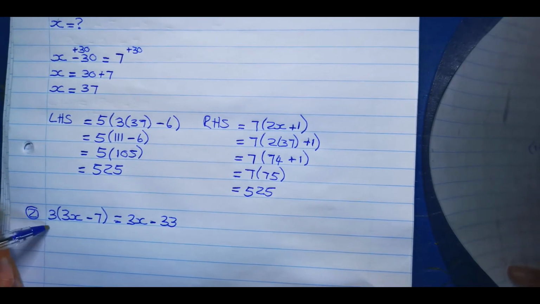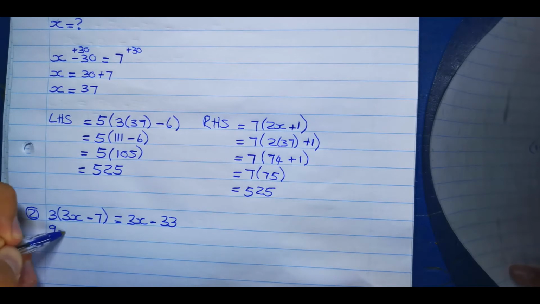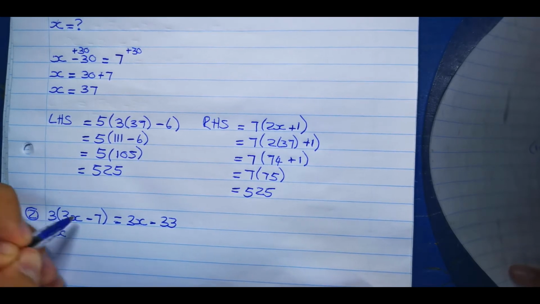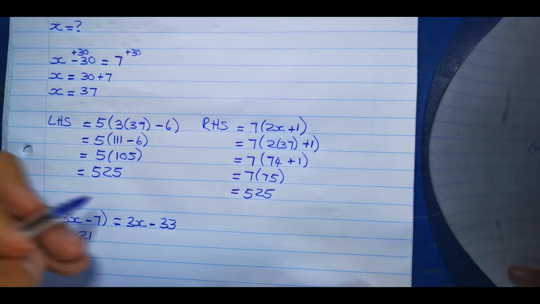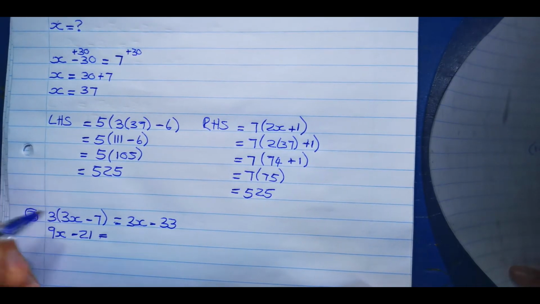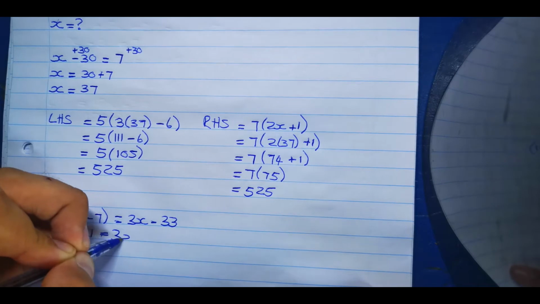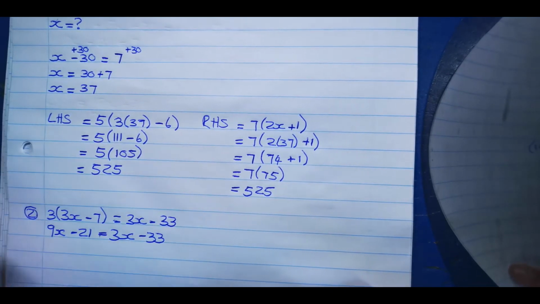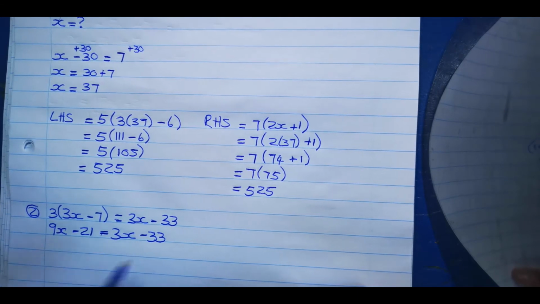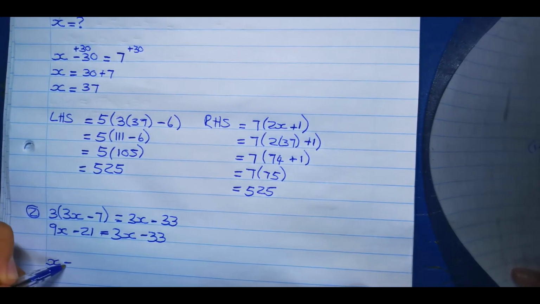So 3 times 3x is 9x. And 3 times minus 7 is minus 21, is equal to 3x minus 33. So our goal again is to get x is equal to some number.